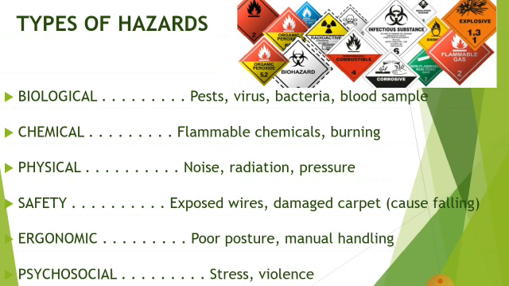So these are the hazards. Next, ergonomic hazards. These are due to the poor posture, manual handling. If our hands are shaking, they are hazardous. So it's due to the handling and poor posture. It can cause skeletal problems.